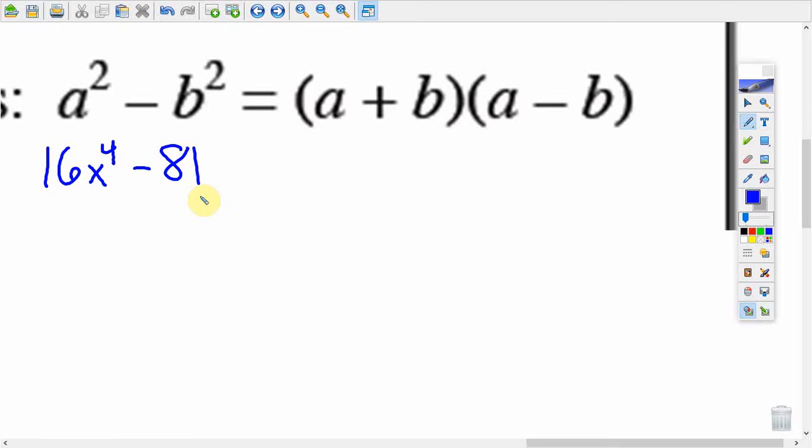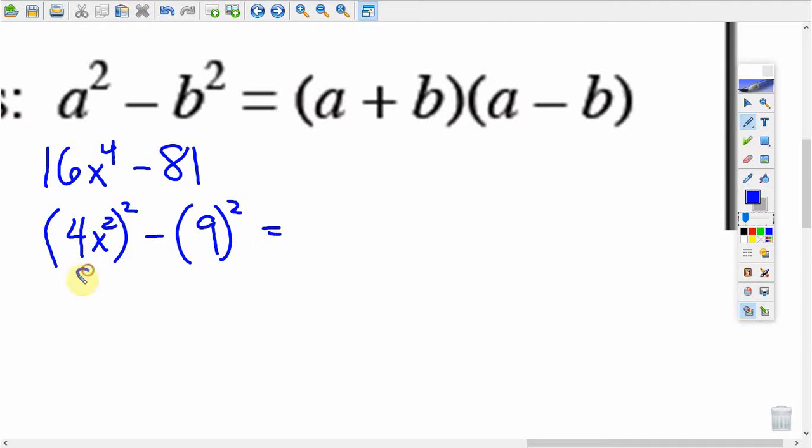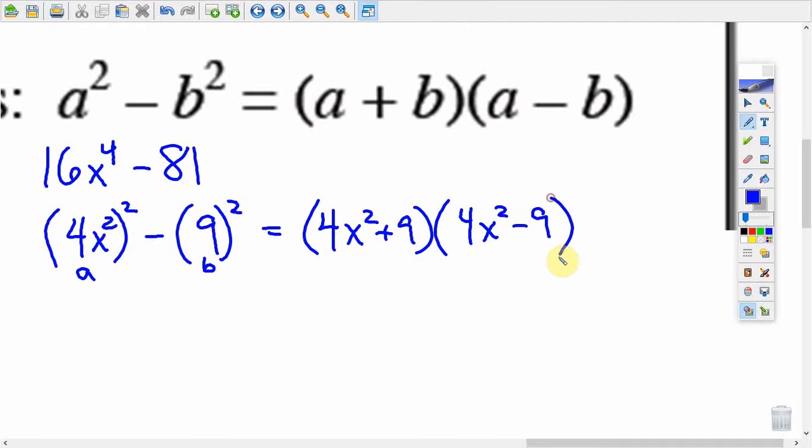Well, once again, if I rewrote that, the square root of 16x to the 4th would be 4x squared, minus 9 squared. So this would be my a, this would be my b. So I get 4x squared plus 9 times 4x squared minus 9. But I haven't finished factoring this yet.